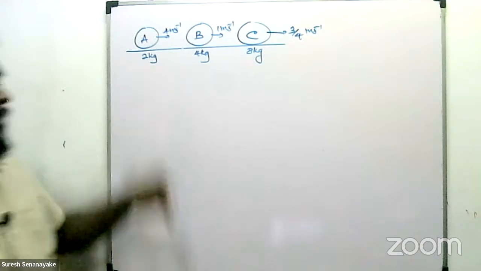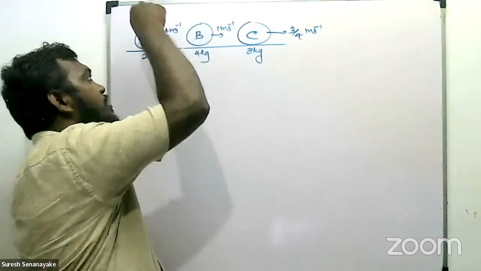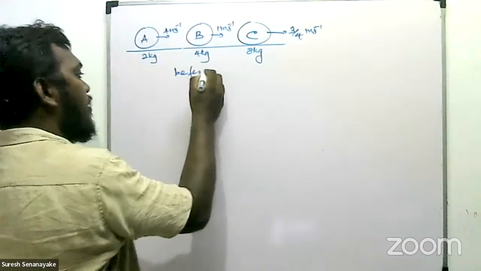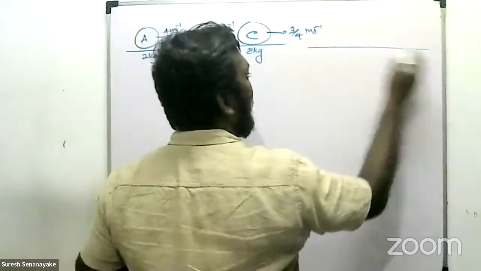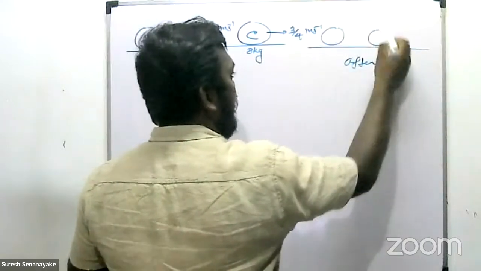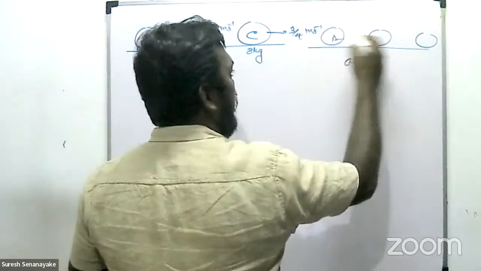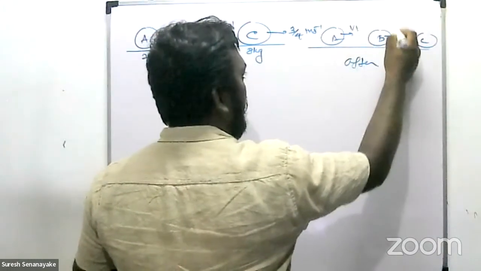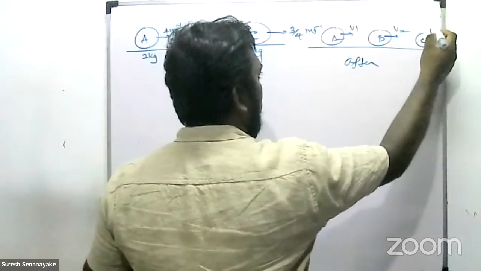They ask you to write, after the collision, what the velocities of A and B are. This is before collision, and after, say this is V1, this is V2 and this is V3.